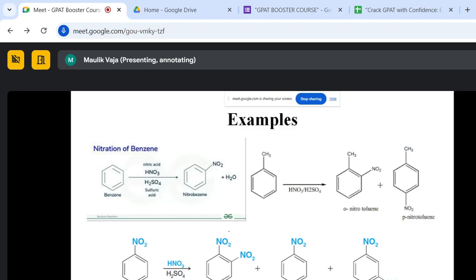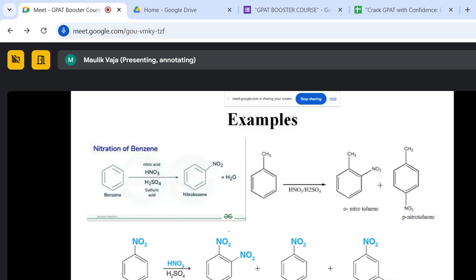So here I have seen the resonating structures of these groups. What is the role of an electron donating group? An electron donating group donates electrons to the phenyl ring, while an electron withdrawing group withdraws electrons from the phenyl ring.